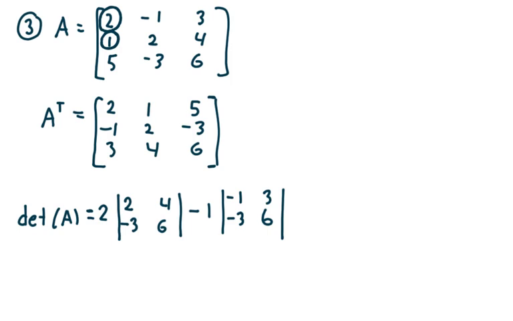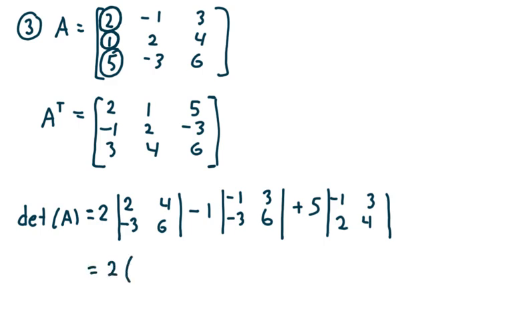And then I'm going to go +5, right? So I'm going to look at this entry 5, and then delete the row and the column that contains the 5 and multiply by the determinant of -1, 3, 2, 4.